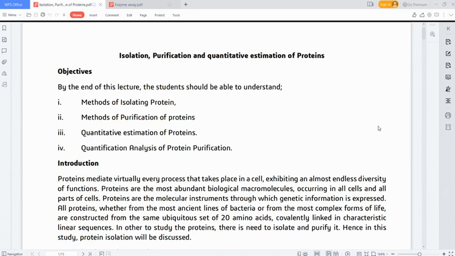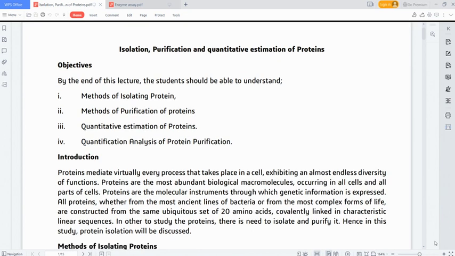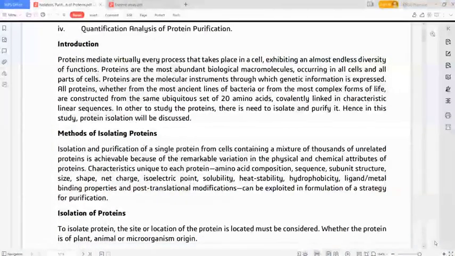Okay, so we are going to go through this study one more time. Now, we are saying in methods of isolating proteins, isolation and purification of a single protein from cells containing a mixture of thousands of unrelated proteins can be achieved because of the remarkable variation in their physical and chemical properties.